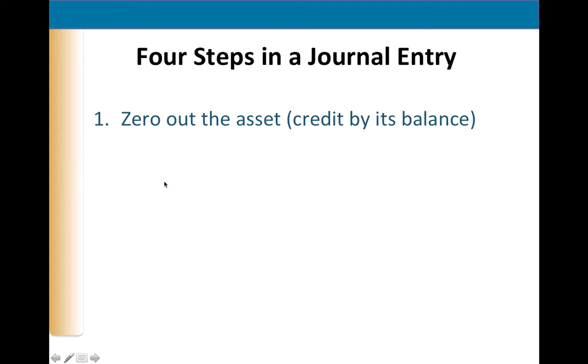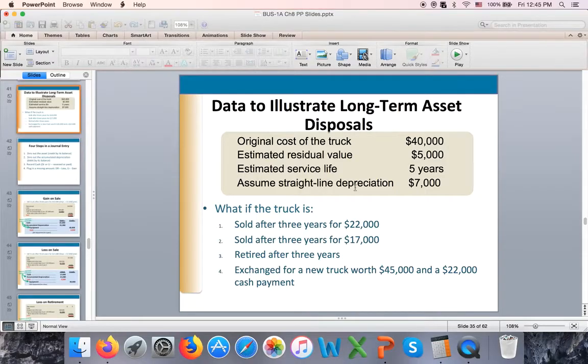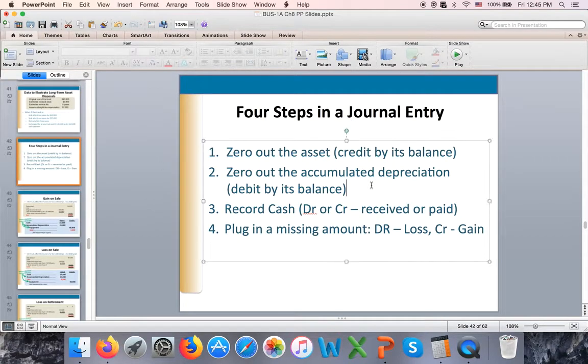So right away, guys, if I'm going to sell this truck after 3 years and every year depreciation is $7,000, then after 3 years, the accumulated depreciation will be $21,000. It's just 7,000 multiplied by 3 years.